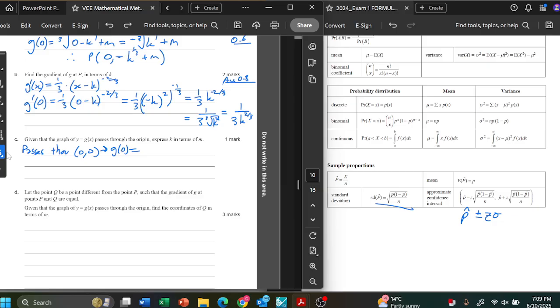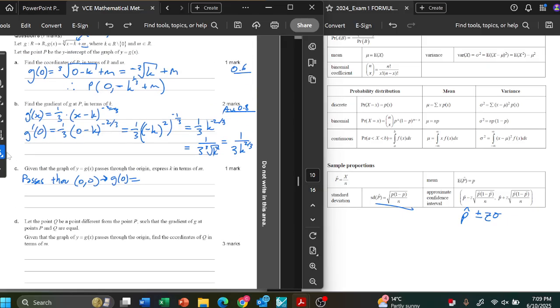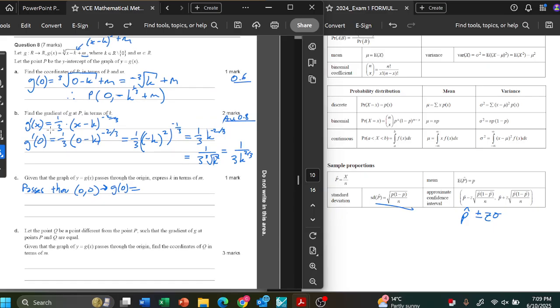Oh, sorry, that was the derivative. That's why I'm confused. Yeah, so that's up here. So we've got this cube root here, which we worked out is this. So negative k to the power of a third plus m, that's equal to 0.